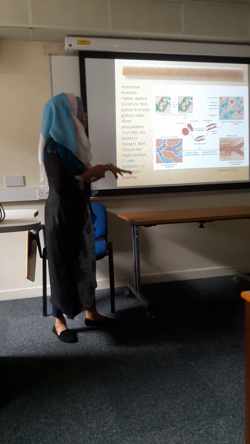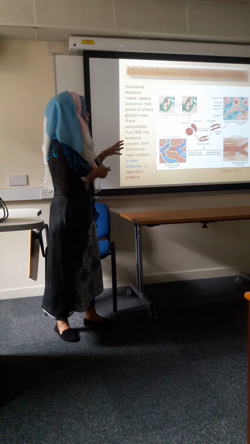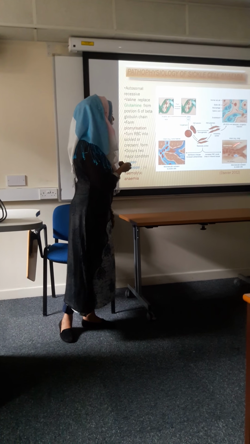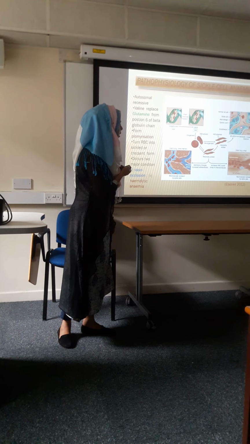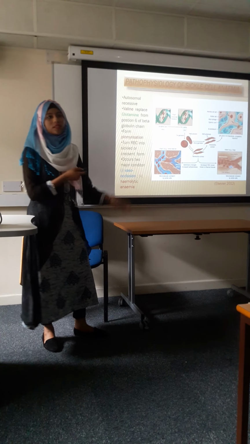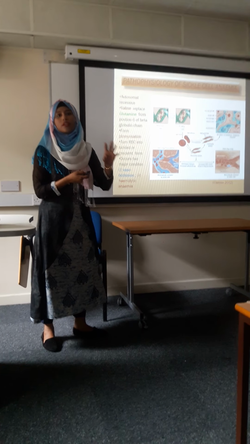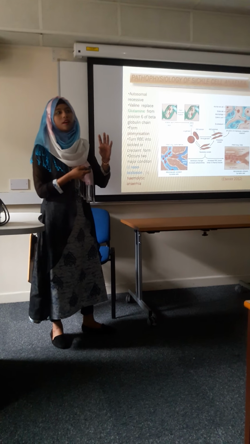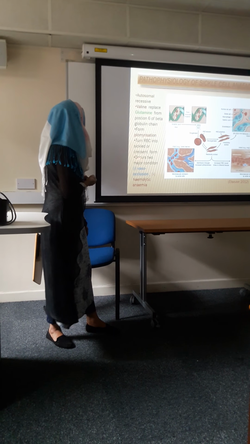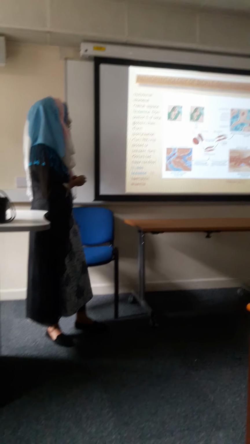Due to the rigid sickle shape, these red blood cells adhere to the vessel wall and obstruct the normal regulation of blood flow, which causes two major conditions, vaso-occlusion and hemolytic anemia.